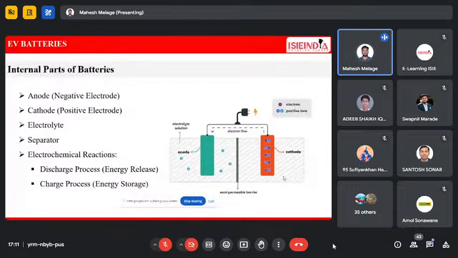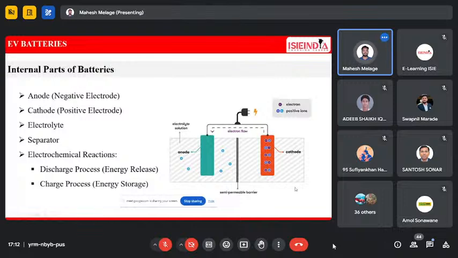Okay. In the electrolyte, the lithium salt material is used. It allows the ions to flow. Okay, positive ions can flow through the electrolyte. Next is the separator. This is a separator, you can see in the picture. The middle part is the separator. The separator provides direction for the flow of ions from the anode to cathode or cathode to anode.